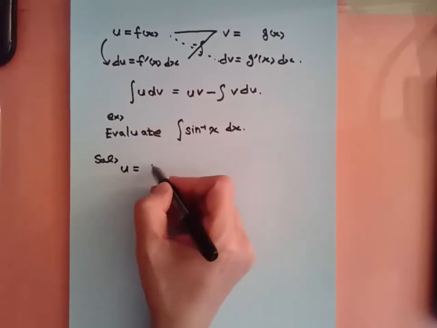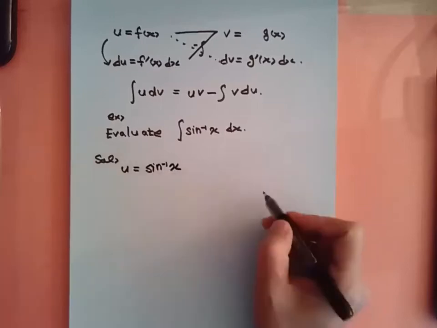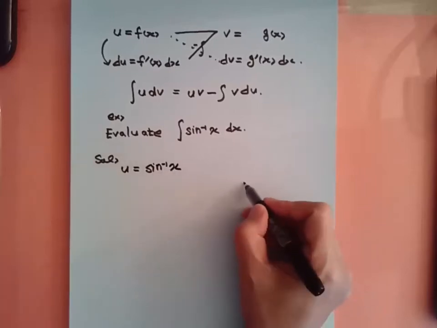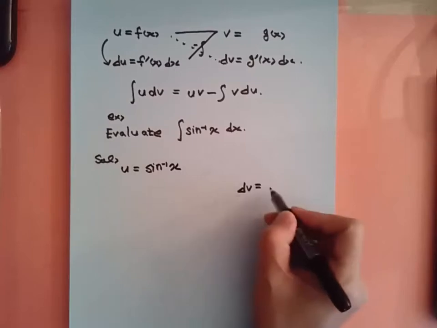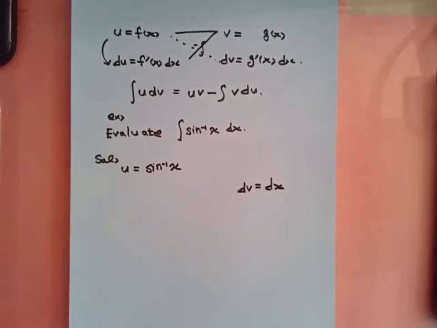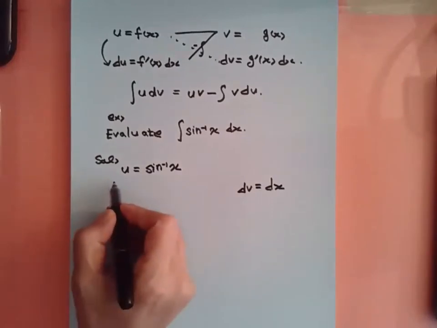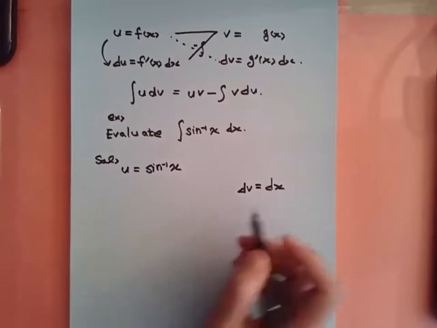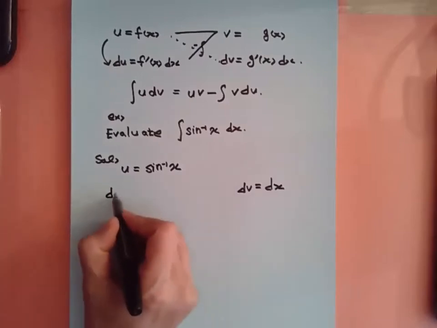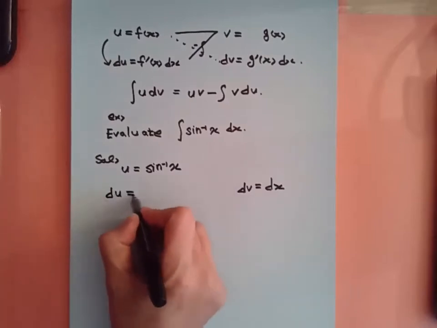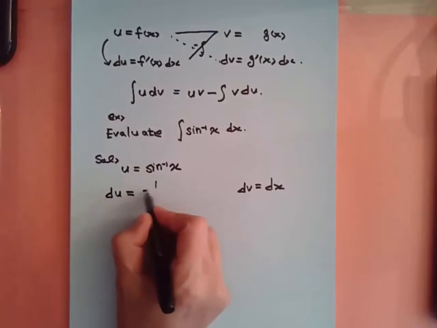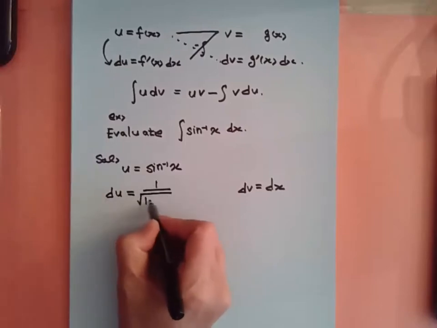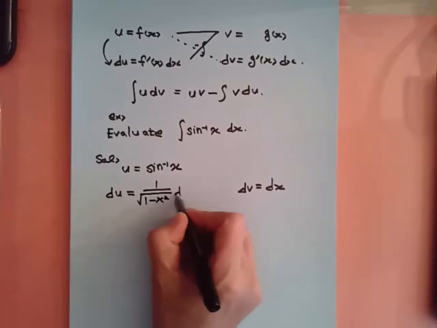So we put sine inverse of x as u, and then dv equals 1 times dx. After we decide u and dv, you think about the derivative of u, then that is 1 over square root of 1 minus x squared dx.